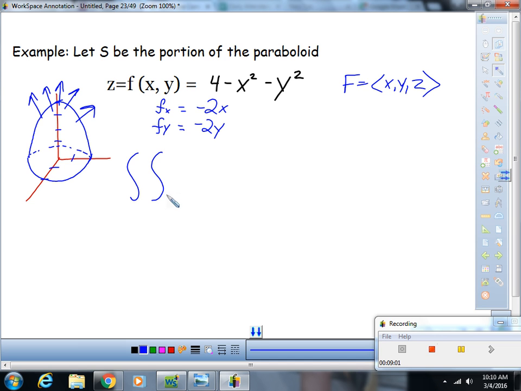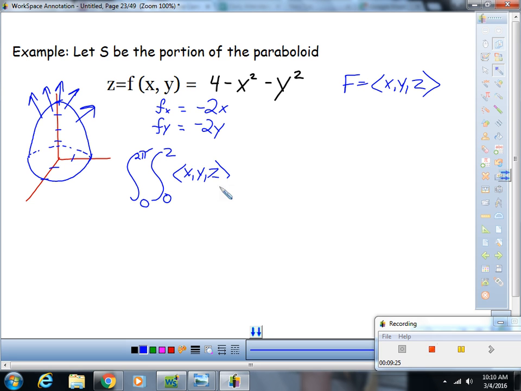Got to happen. R goes from 0 to 2, theta goes 0 to 2 pi. We want F, so x, y, z. If you're thinking, hold on, I thought we were doing polars, we will. We're going to switch to polars when it's convenient, okay?